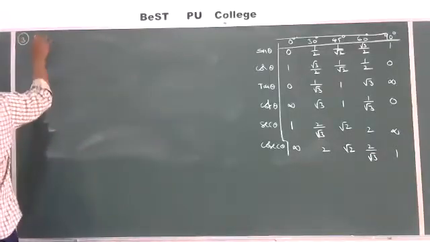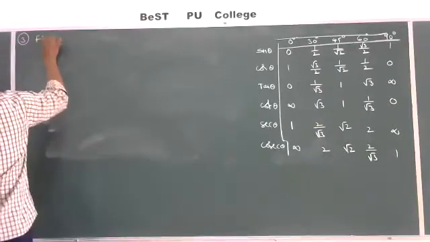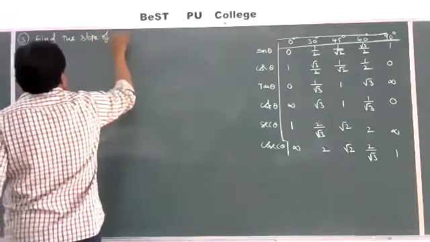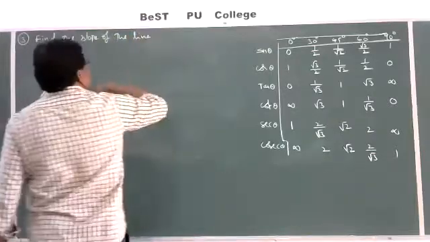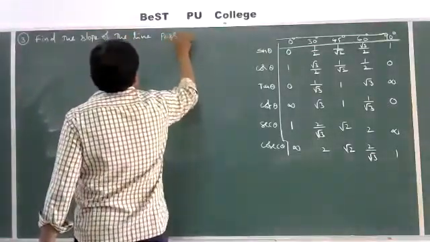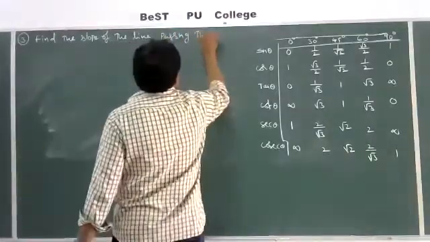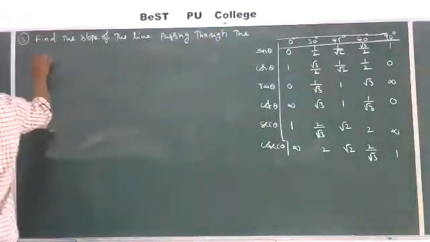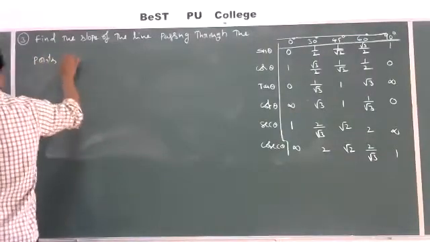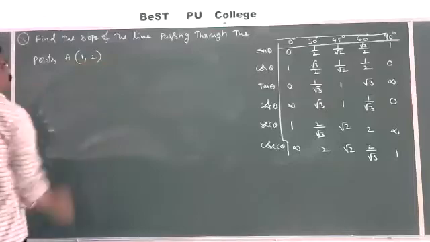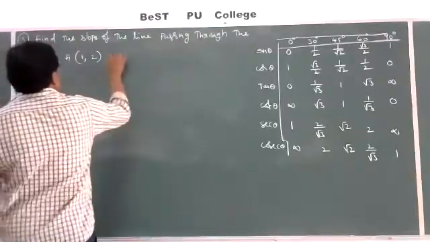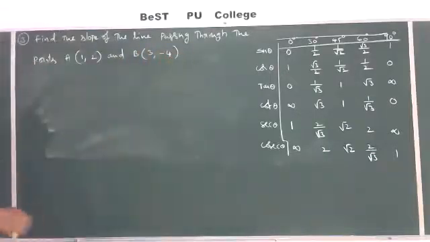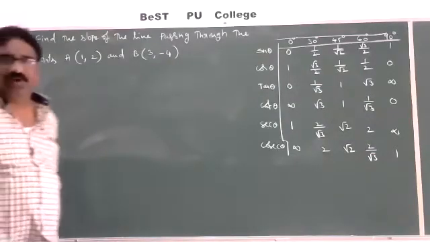Third problem. Find the slope of the line passing through the points A(1, 2) and B(3, -4).